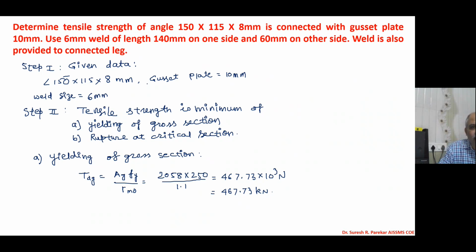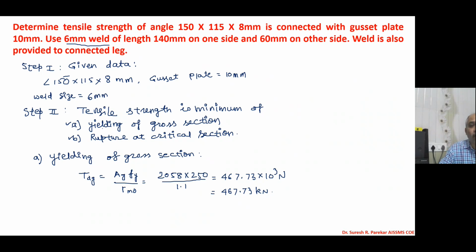Now keep in mind, whenever we have a welded connection, we have to consider only two criteria. One, that is yielding of cross section, second, rupture at critical section.